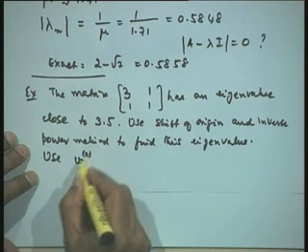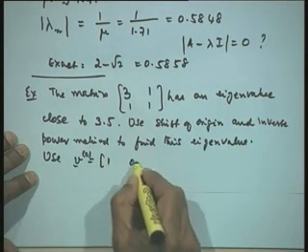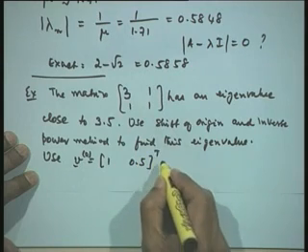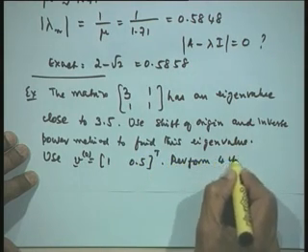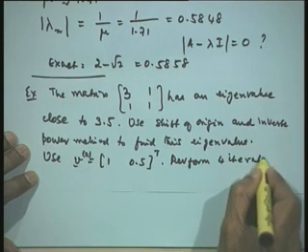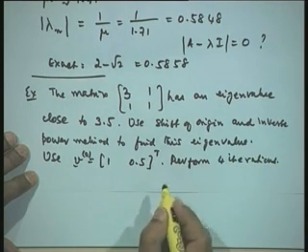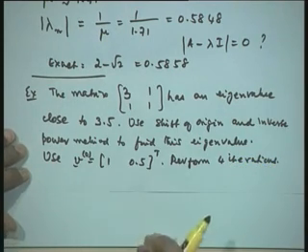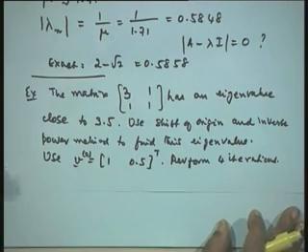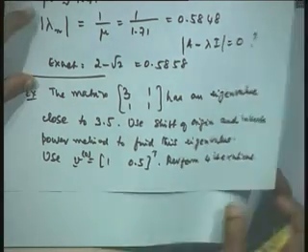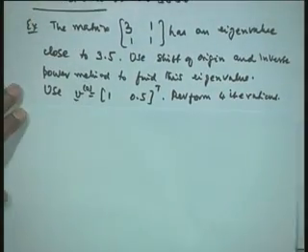Use V0 as 1, 1, and perform 4 iterations. I want to illustrate the importance of the shift of origin in this case. I will give the first few steps which you can complete.